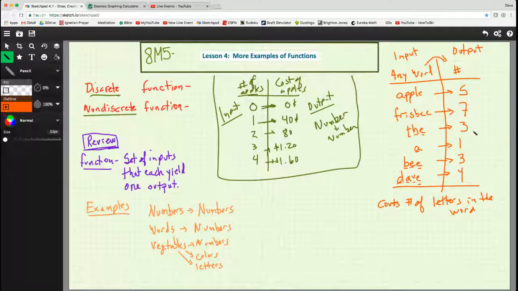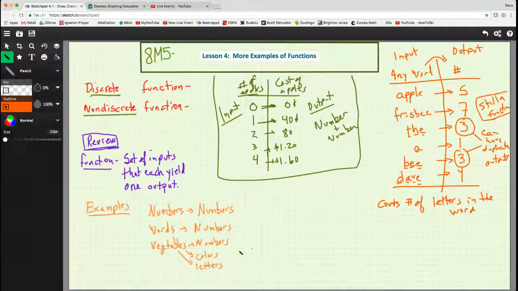And now notice, we can have duplicate outputs, and this is still a function. Remember, this whole unit is about functions. So this is a function.